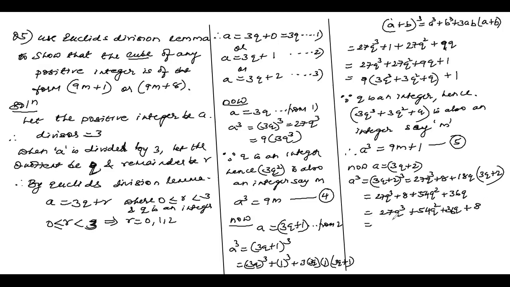No adjustment is needed here. 9 is common: 9 into (3q cube plus 6q square plus 4q) plus 8.